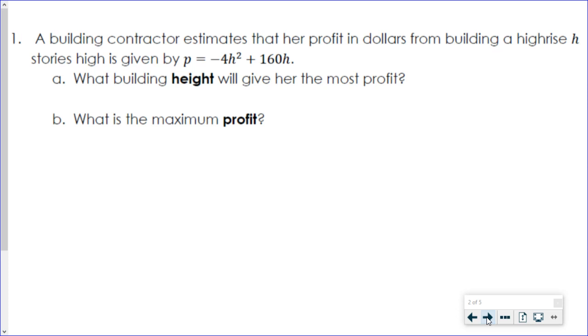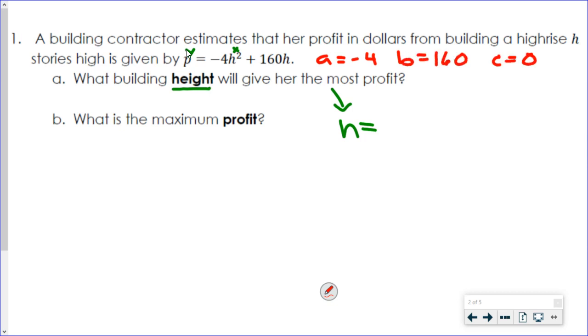Now normally in an equation, you want to know that this is y and this is x. So when you're talking h, that's really in the x spot. So we want to solve for h, which is like the axis of symmetry because it's in the x spot. But this time, the axis of symmetry is not x equals, it's h equals. A is -4, B is 160, and there is nothing at the end, so C is 0.